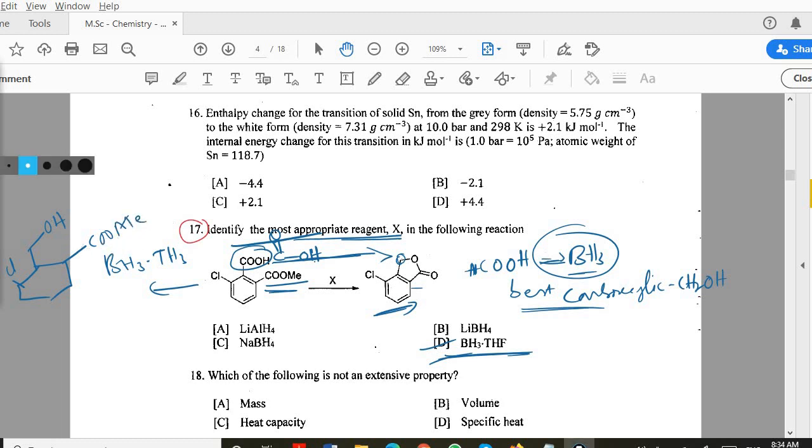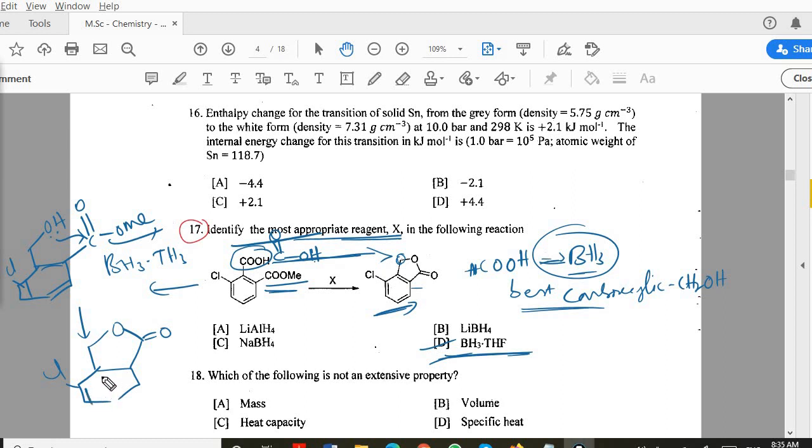If I elaborate on the ester, this alcohol can act as a nucleophile, so it will be eliminated. Finally it's going to form a cyclic ester. This is the compound. This is the mechanism. Next.